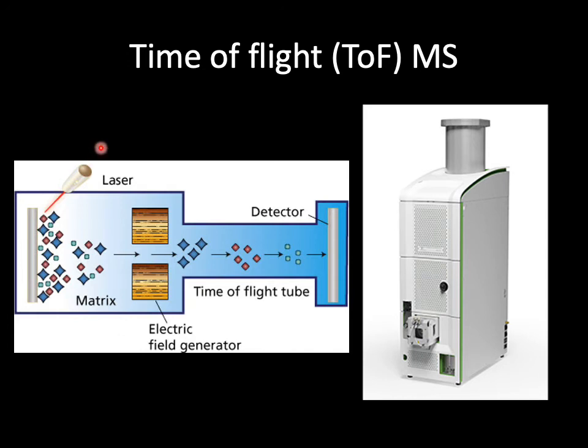We have the laser, and then here is the slit where you've got the electric field generator. As the ions enter through, the smaller ones are going to move quickly. So essentially, this is an example of a time of flight mass spec. This tube here is where the ions move up, and the small ions will move quicker, and the larger ones will move slower, and then it moves to this detector plate.